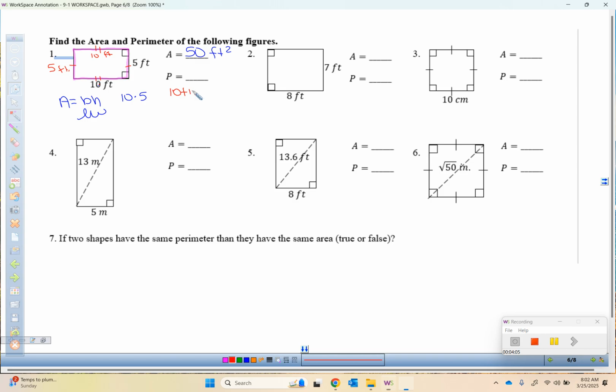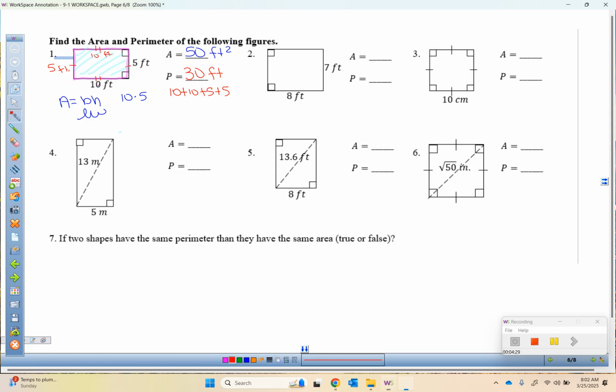Or you can put them however you want, 10 plus 10. And we should have 20, 30, and this is just feet. Not feet squared, just feet. So it's the distance on the outside. Okay? Area would be, if I were to fill it in, how much is covering, okay? And perimeter is around it.